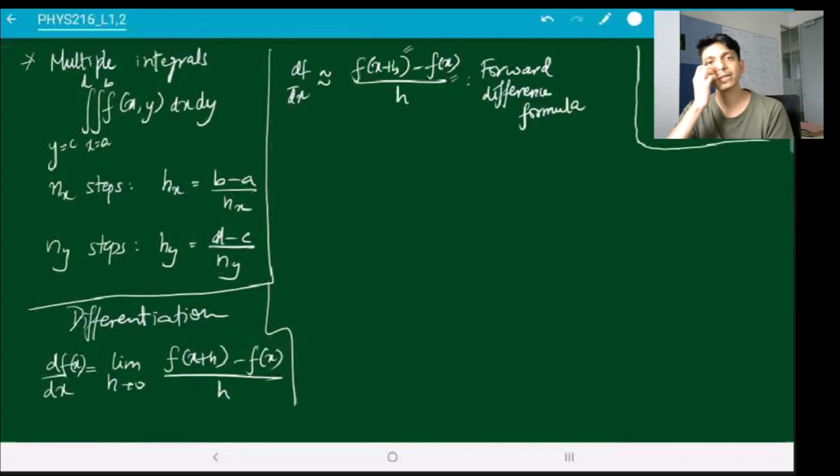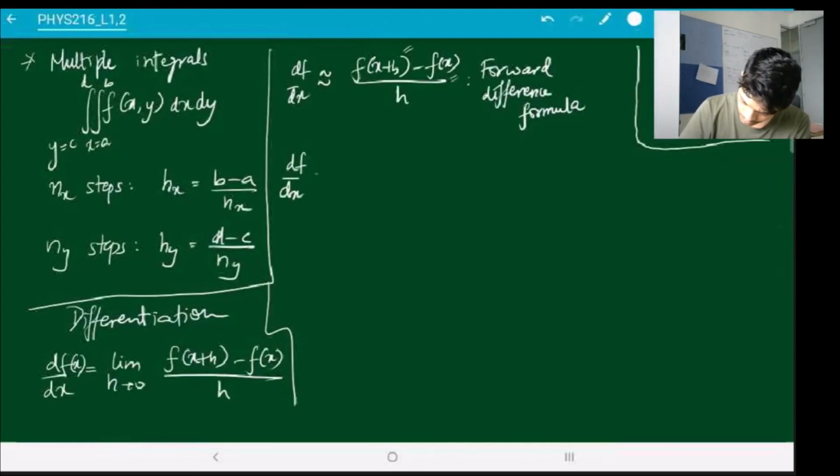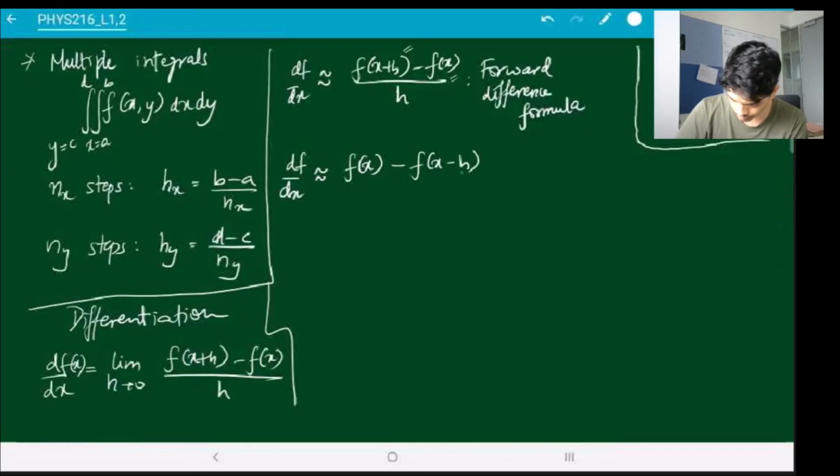You can also define something called a backward difference formula, and that is in a similar manner, except instead of going forward from x to x plus h, you go backward from x to x minus h.